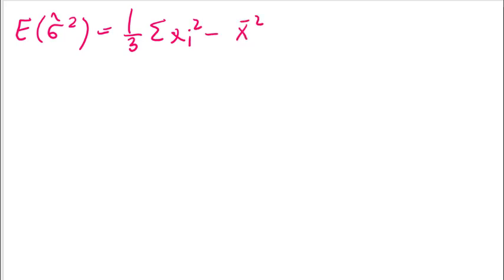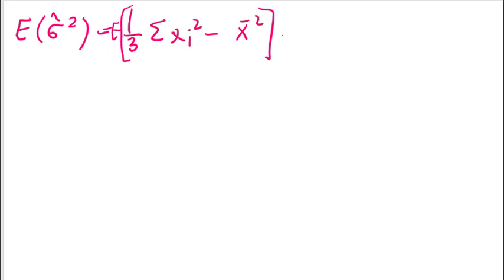Now, we have sigma hat squared, expectation of sigma hat squared is equal to expectation of 1 over 3 sum of xi squared minus x bar squared, expectation of this bit. Yeah?